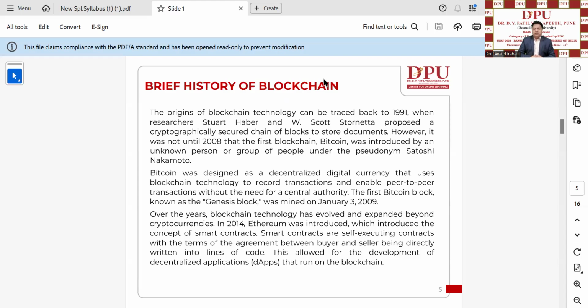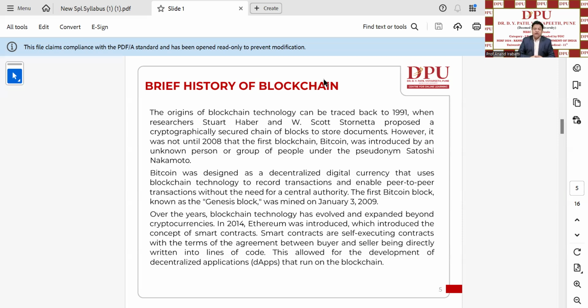So the origin of blockchain technology can be traced back to the year 1991, when two researchers, Stuart Haber and W. Scott Stornetta, proposed a cryptographically secured chain of blocks to store documents and information. However, it was in 2008 that the first blockchain was introduced by an unknown person that we call Satoshi Nakamoto. That is in 2008.